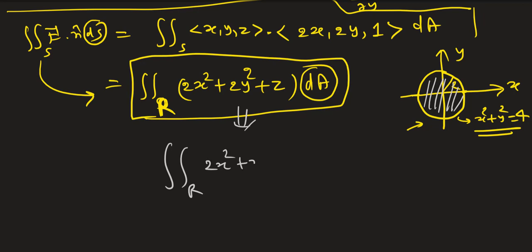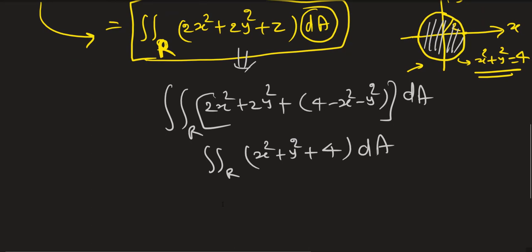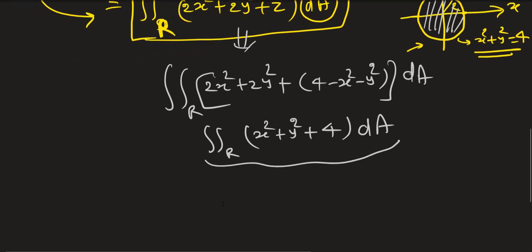So 2x square plus 2y square, and z in this region is given by 4 minus x square minus y square, and this is simply dA, and if you solve this, it would be simply x square plus y square plus 4 multiplied with dA. Okay, now you can solve this double integration by the polar coordinate.